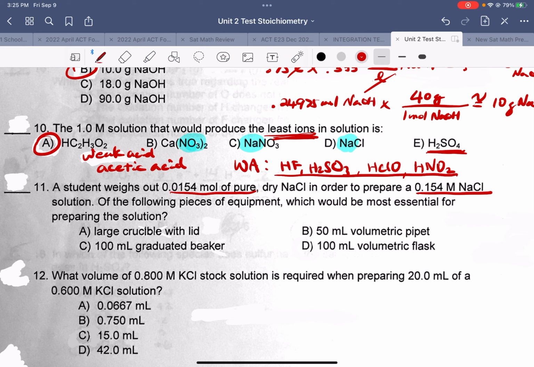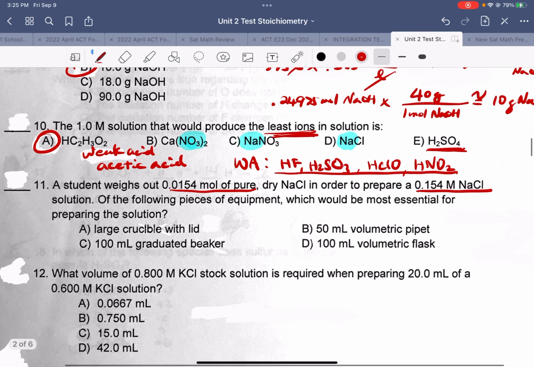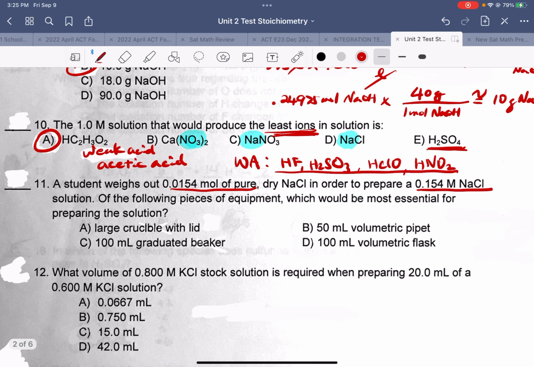Using this mole, how many liters are you going to have? 0.0154 mole divided by how many liters will give you 0.154 molarity? So basically X is 0.1 liter, that means 100 milliliter.